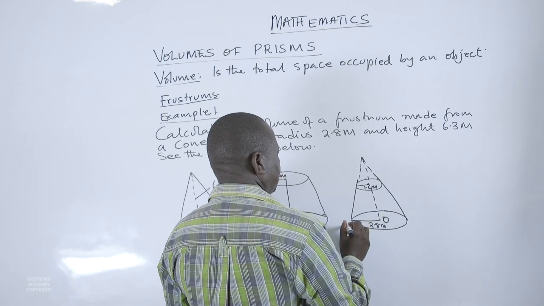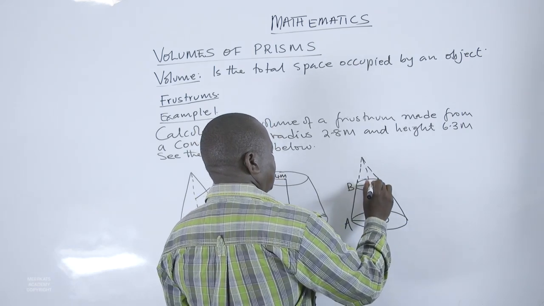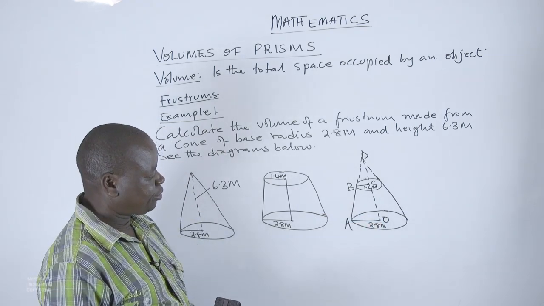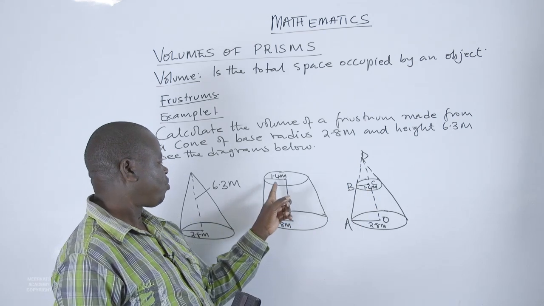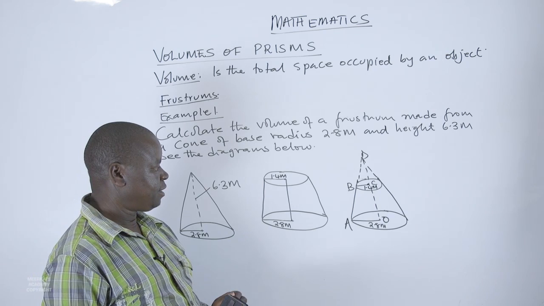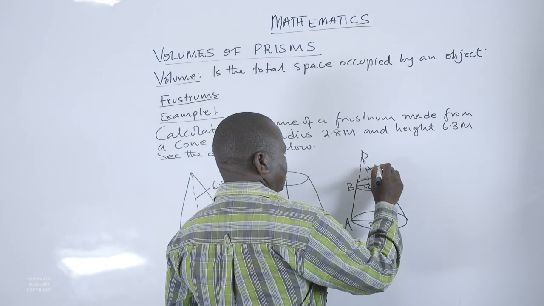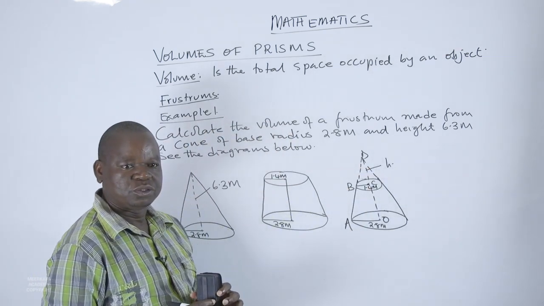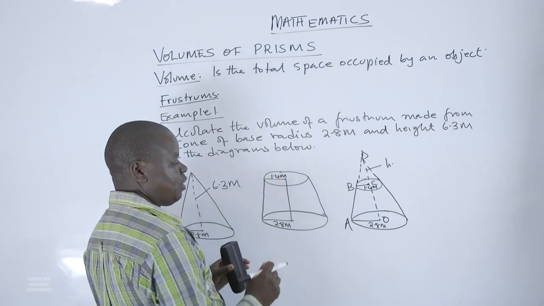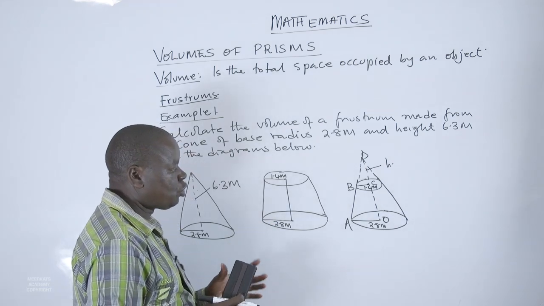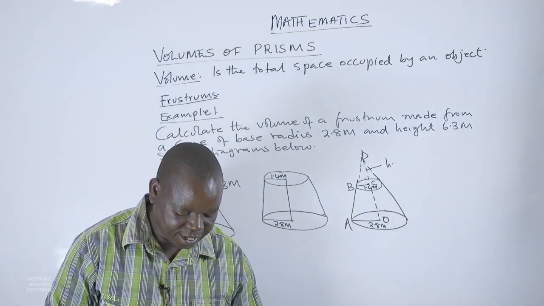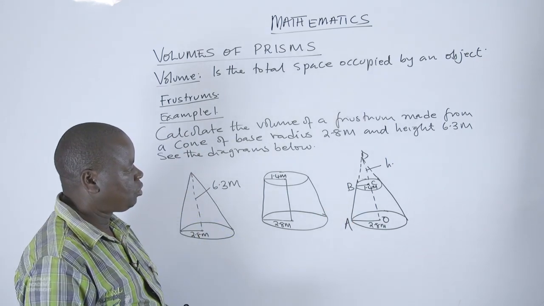So this is OABC. The radius BC is 1.4. The radius OA is 2.8. This height, we call it H, which we don't know. Neither do we know this, but we know the two radii. So what we do is use what is called correlation.